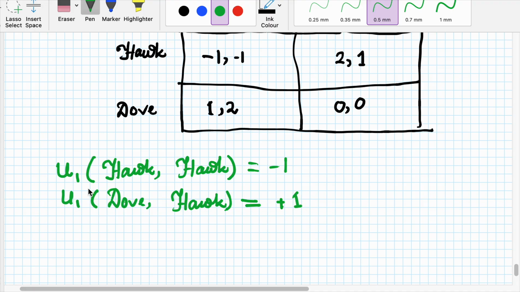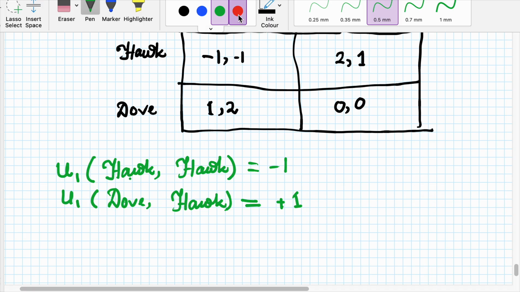So by changing from hawk to dove when player 2 is playing hawk, player 1 always gets a better utility. So there is always an incentive to change from hawk to dove.